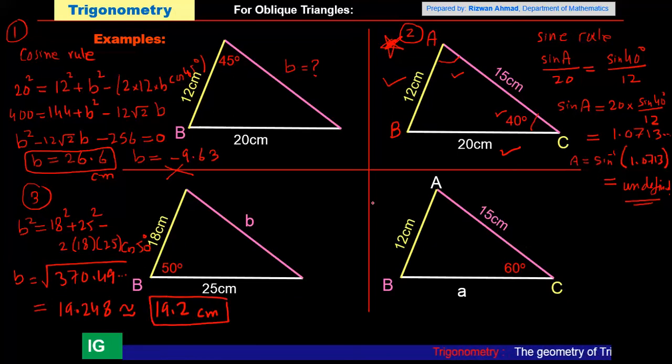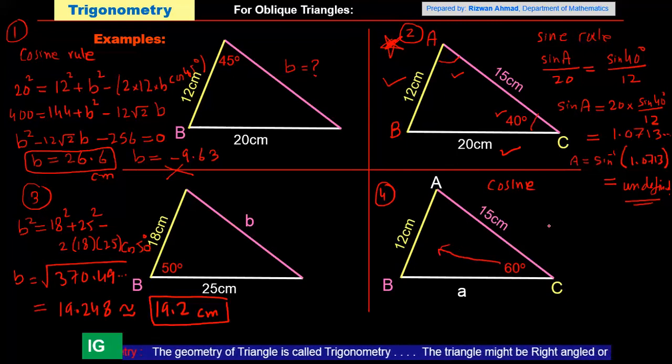And then the fourth example. Here it is similar to example 1 because the side which is missing, the angle opposite to that is not given. So we always start with the cosine rule because three sides and one angle are involved. Here the side opposite to the angle is 12, so we start with 12.